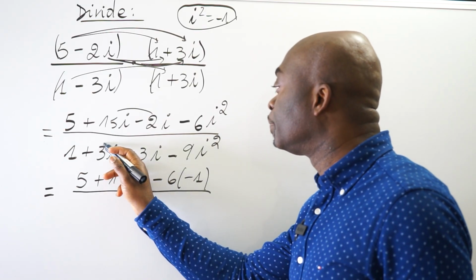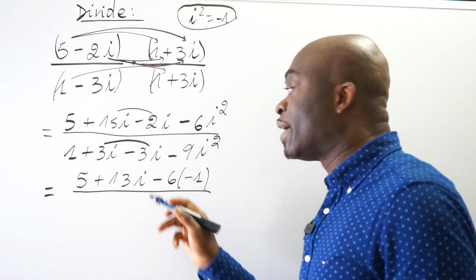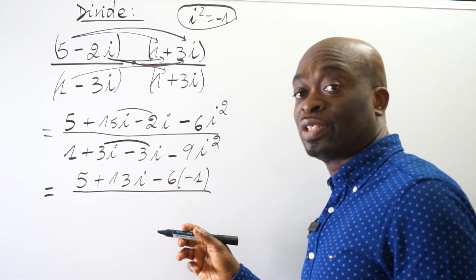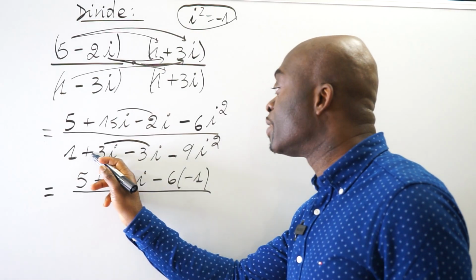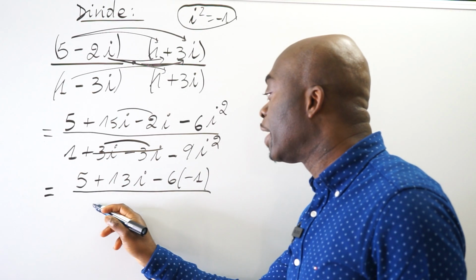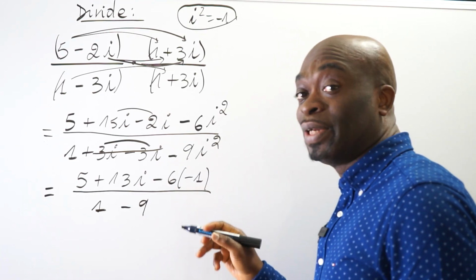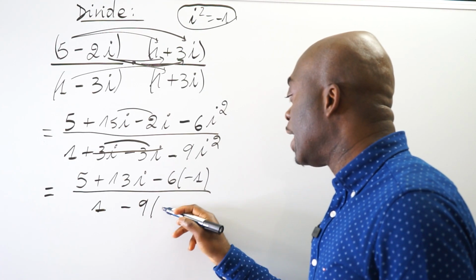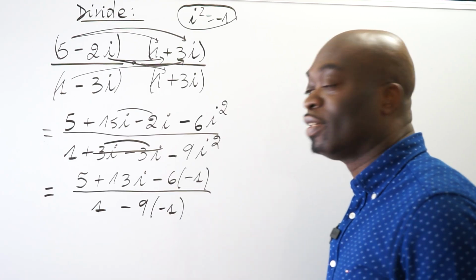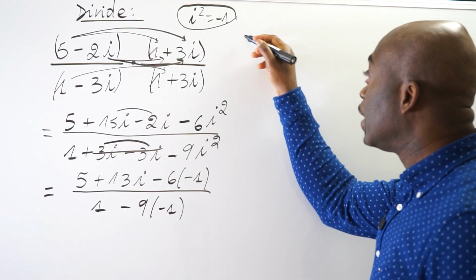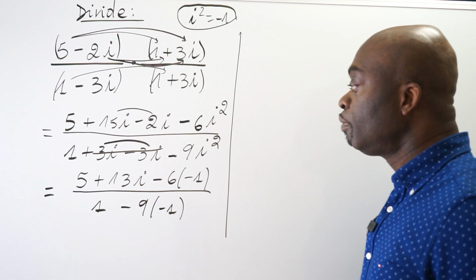So here, 3i minus 3i, same expressions, different signs. What happens? They're out. They have 1, then minus 9, and what's happening to i to the second power? i to the second power is negative 1. Okay? So now we can continue.